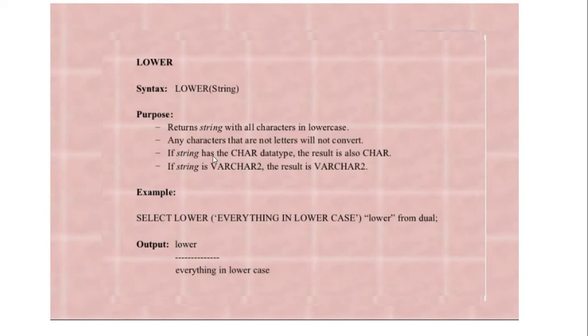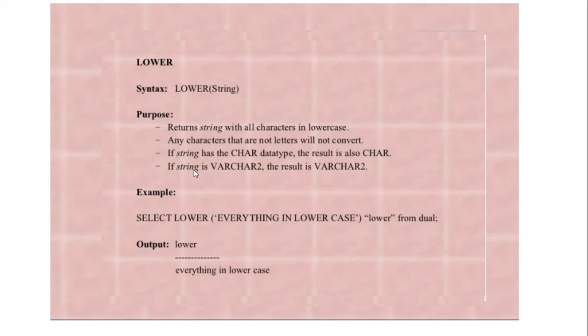And also, if the original string is of type char, you know that char is a type where the values are stored as some fixed length strings, then when we are applying lower function on the char type string, the resultant will also remain the same as the char. And the same is true for the varchar too.